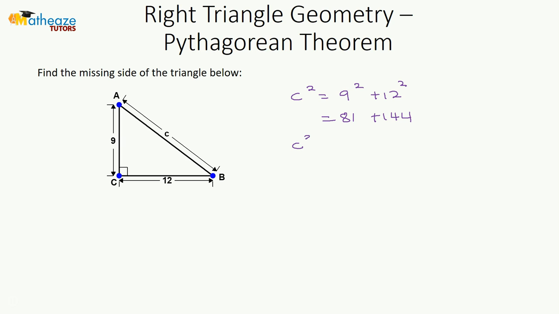So C squared is 225. So to get the value of C, we take the square root of both sides. So the square root of C squared should be equal to the square root of 225. Square root of C squared gets rid of the square, so it's going to be C. The square root of 225 is 15.